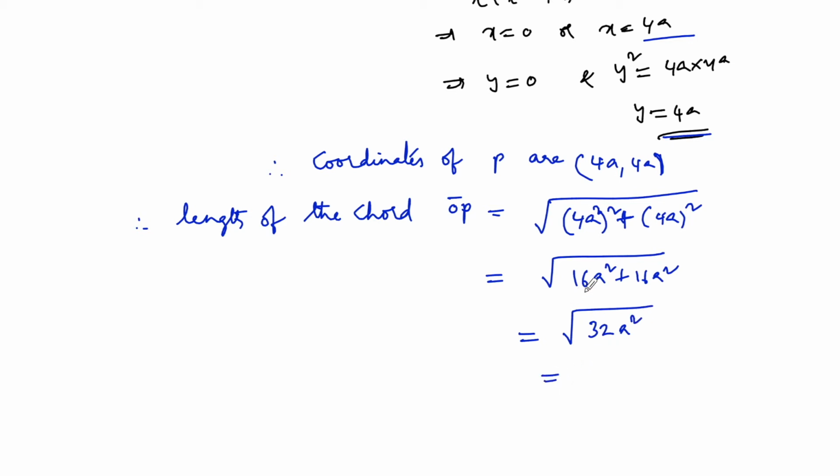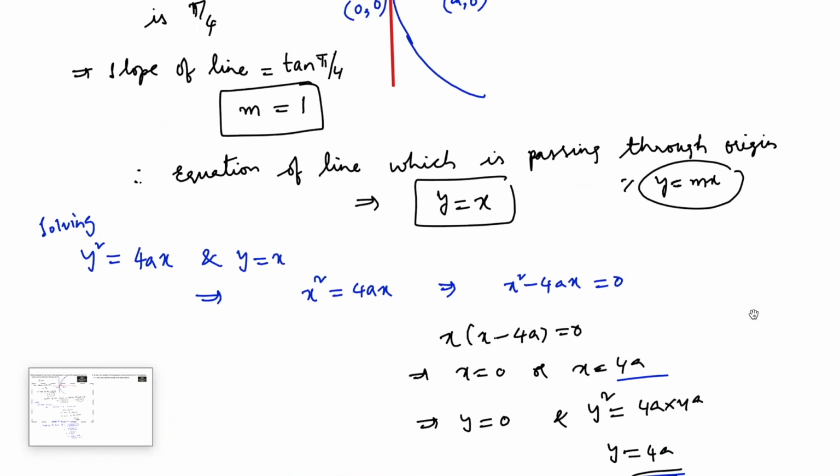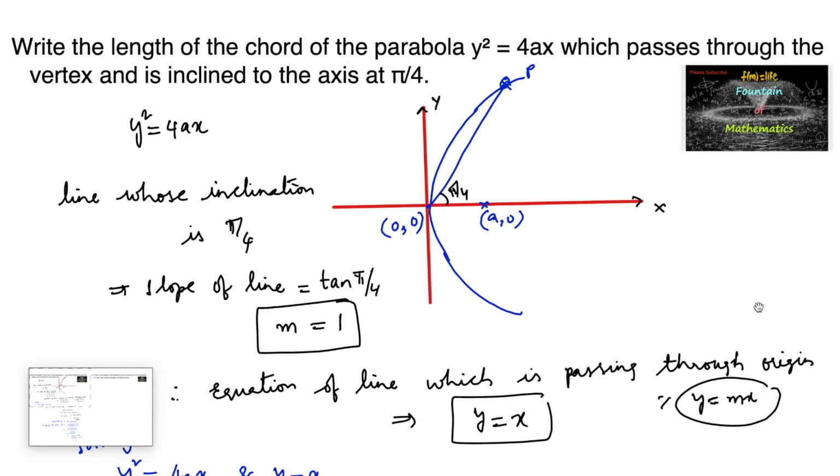So root 32 is nothing but 16 into 2, that is 4 root 2 a units. Therefore the distance between the vertex and the point on the parabola, such that the chord makes an inclination of pi by 4, is 4 root 2 a.